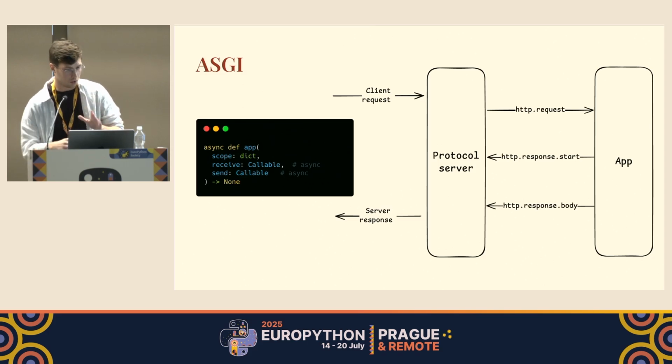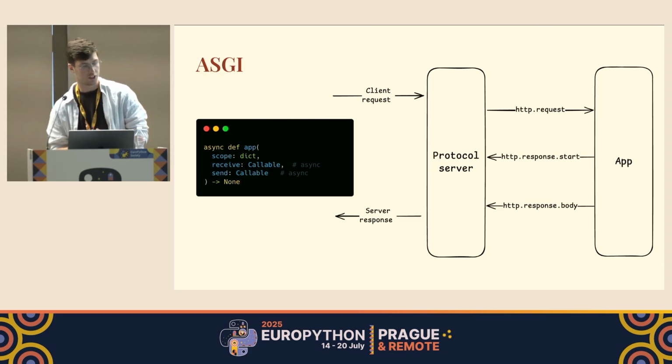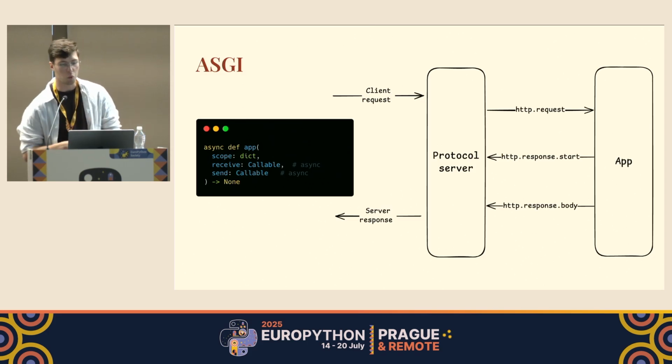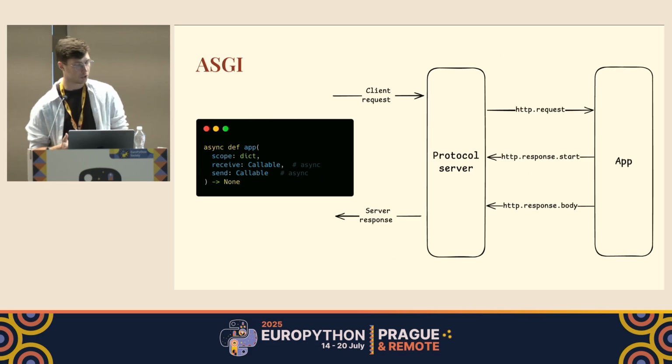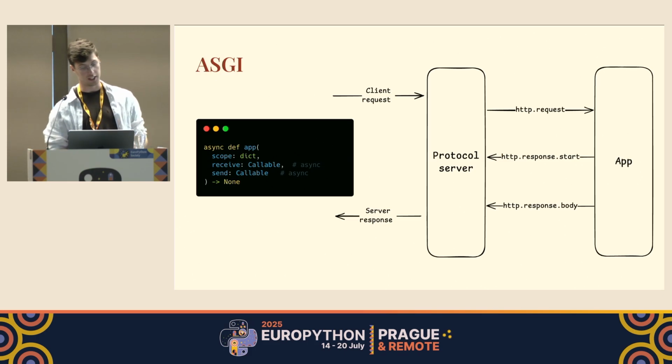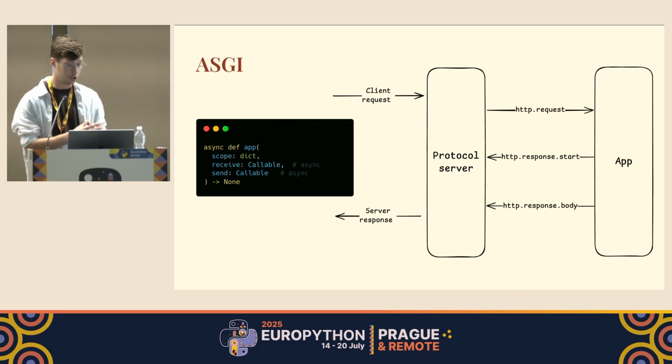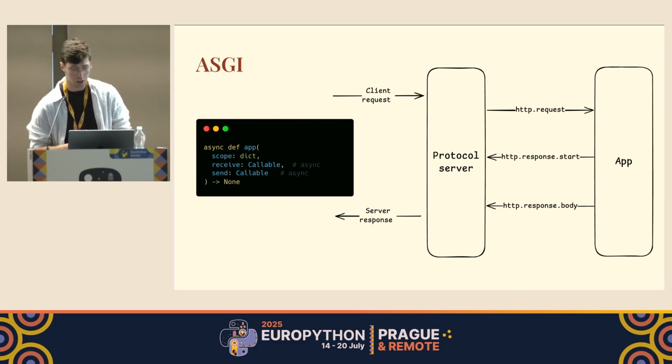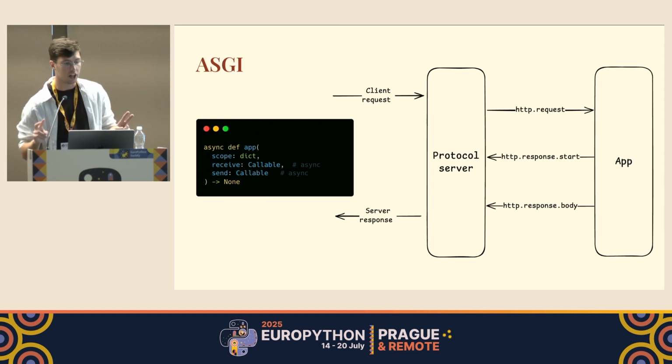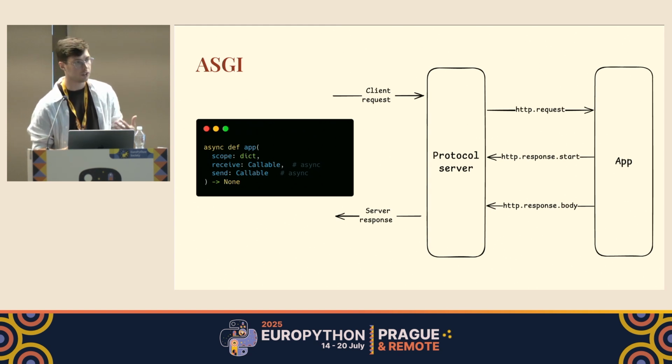Now that we have ASGI, we can look at the diagram, and it looks quite similar to what we had before, but the mechanism of interaction between the protocol server and the application changed quite a bit. First of all, our protocol server now does not call the application directly, but emits an event whenever it has client data.